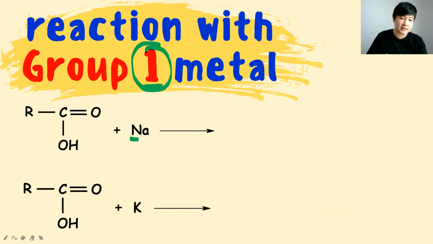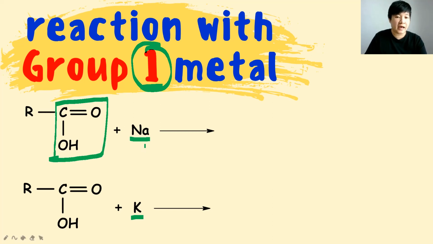So the group 1 metal that I have over here is sodium and also potassium. And obviously, we are going to focus on your carboxylic acid group because that is the group that will react with your sodium. And in this group, who will actually react with sodium is actually your OH group over here. What is the changes that happen to OH? Is the hydrogen.